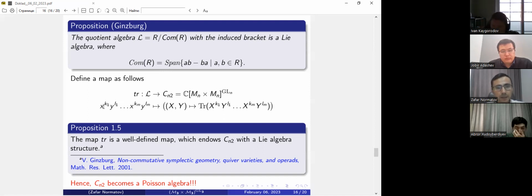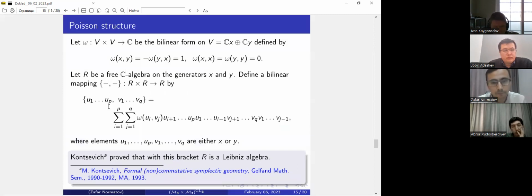I have one question about this construction. In the original construction of Kontsevich, you have this reverse order of indexes, yes?